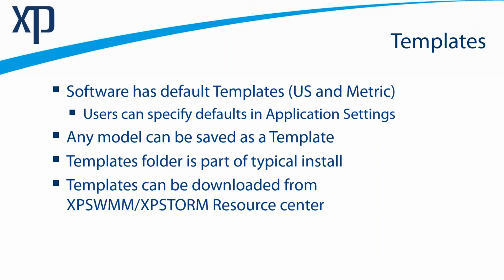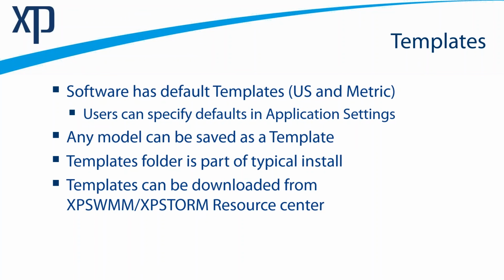Any XP model that you have can be a template as well. You just do File, Save as Template. There's a templates folder that's part of the software install, and you can populate it from the XPSWM, XPSTORM Resource Center. Perhaps some of you are aware of it, or others may not be.